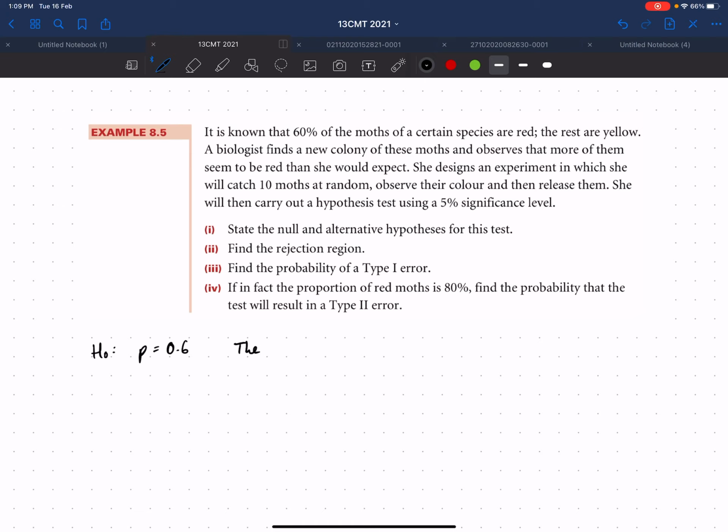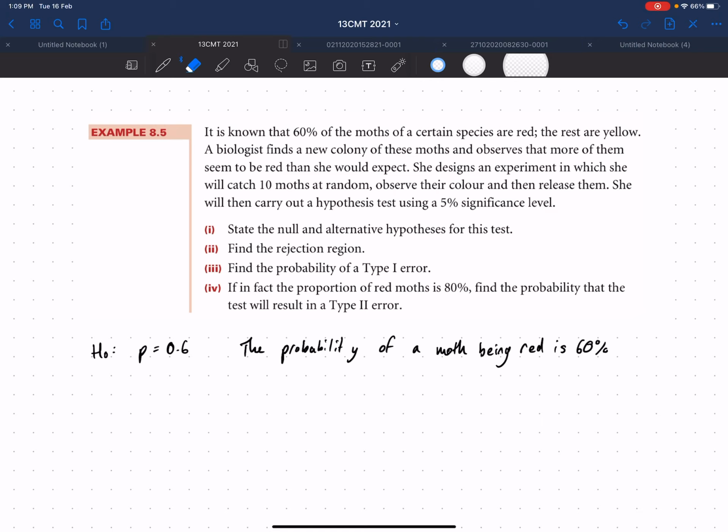Let me rewrite this. The probability of a moth being red is 60%. That's probably the best way to write it.